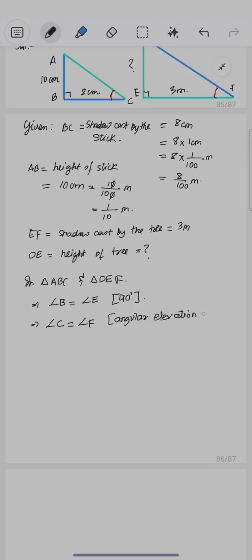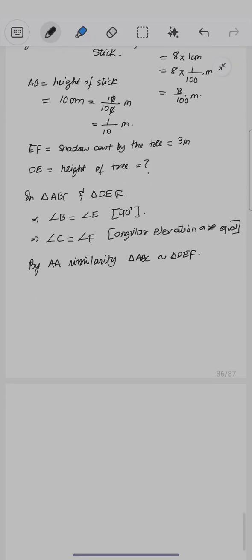So angular elevation are equal, so by double A similarity, triangle ABC is similar to triangle DEF.